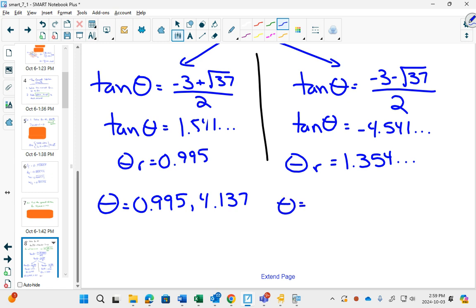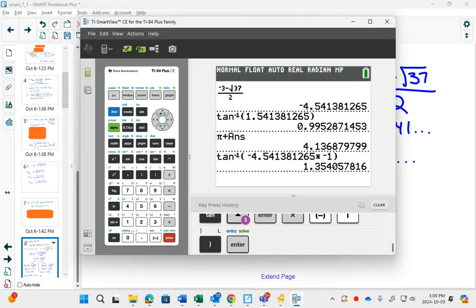In this one, we need to find theta in quadrant 2 and quadrant 4. So we're going to have to use our reference angle twice. Another trick, I've shown you this before, but another trick on your graphing calculator is above your on button is a store button. You can store your answer as any letter you want. I like to use X because I don't have to push an extra button.